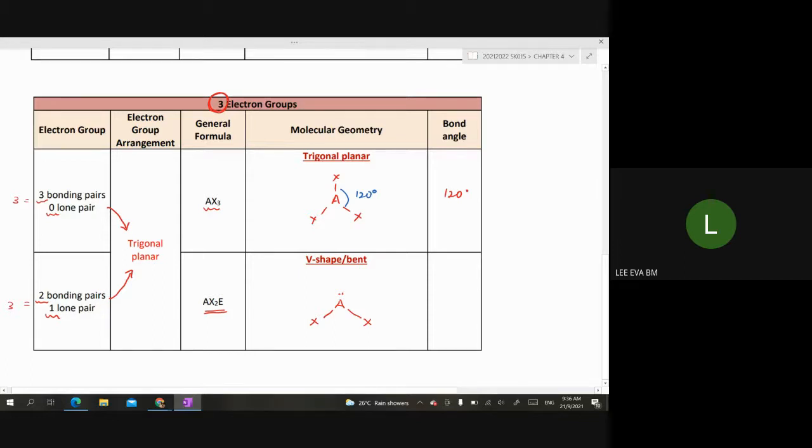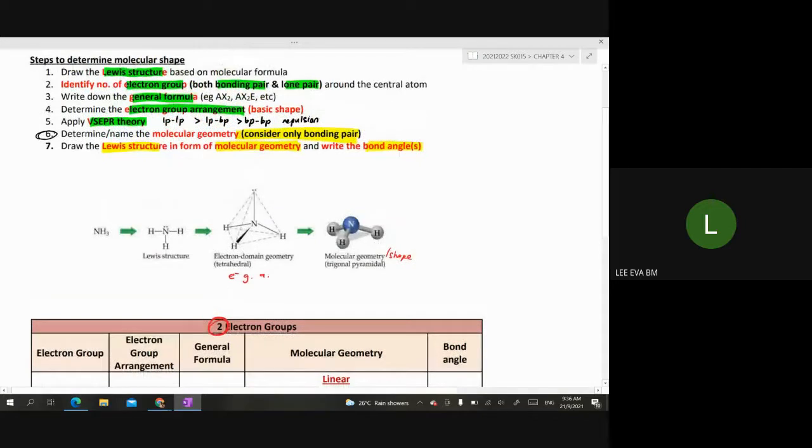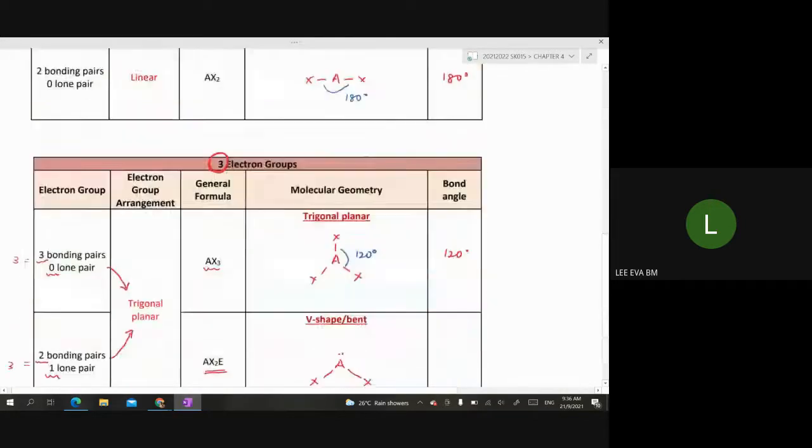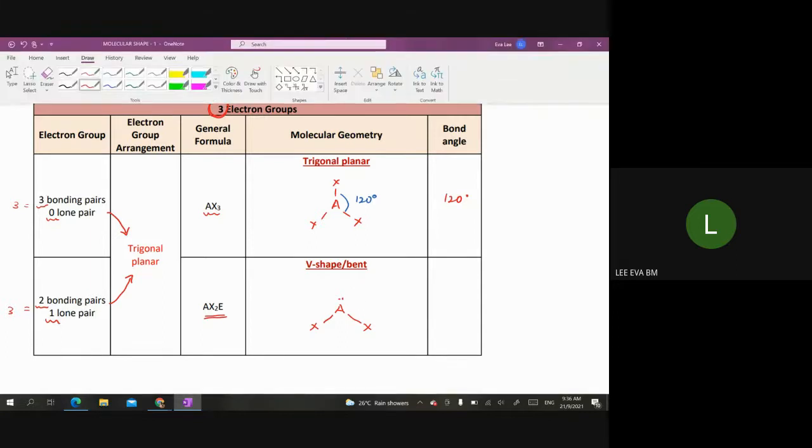Okay, so now we go back to our step number 6. Molecular geometry considers only bonding pair. So awak tengok sekarang dekat sini. Consider only bonding pair. Tutup dekat lone pair dekat atas. Awak akan nampak satu V shape dekat sini, or a bent shape. Madam guna warna lain untuk kita applykan VSEPR Theory.